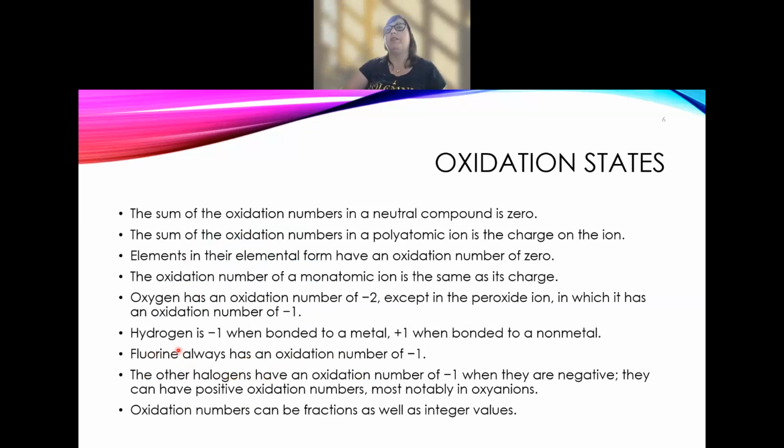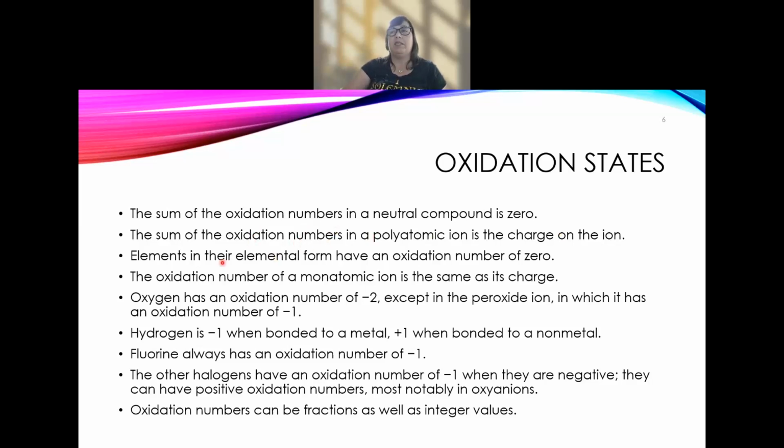So a couple of rules that we need to know about. The sum of the oxidation numbers in a neutral compound is 0. All right, so if I have H2O, then the sum of my oxidation numbers has to be 0. The sum of the oxidation numbers in a polyatomic ion is the charge on that ion. So if we have PO4 3-, the sum of the oxidation numbers has to be 3-.